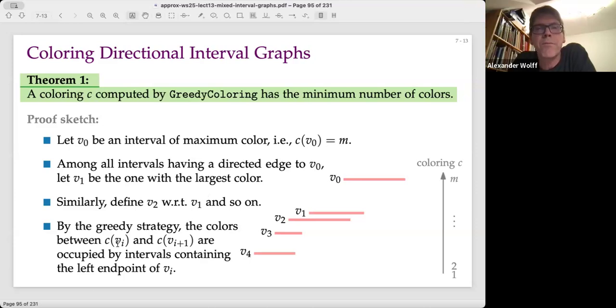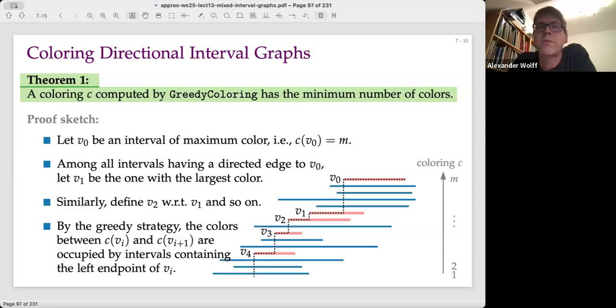Now notice that by the greedy strategy of my algorithm, the colors between two consecutive intervals in this sequence are occupied by intervals that need to contain the left endpoint of the upper interval. So for example, between V0 and V1, all the intervals that are in there must contain the left endpoint of V0. So here, all these blue intervals that I added between V0 and V1 all must contain the left endpoint of V0.